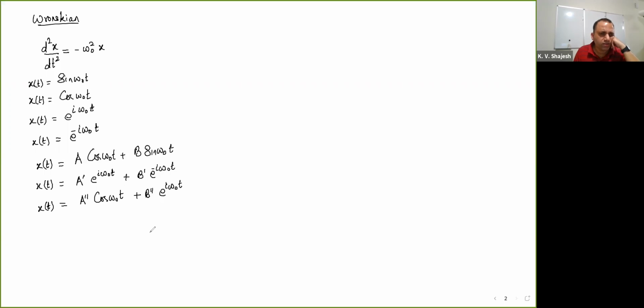And in fact, the point is that you can actually take any two independent solutions and add them together. A linear combination of them is a total solution. But then what do you mean by independent solution?